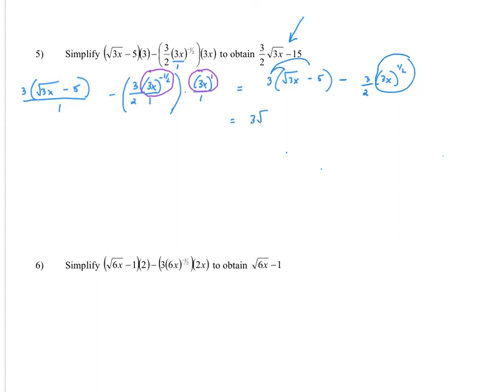We'll get 3 root 3x minus 15 minus 3 halves root 3x. Right here we have like terms that need to be combined. So 3 root 3x minus 3 halves root 3x is 3 halves root 3x. And we still have a minus 15. That's what we want.